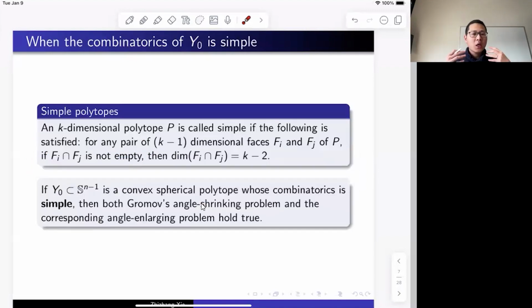Or here's a special case, so that's a dimension two case. In general, in the higher dimensional case, if you have a convex polytope in a sphere of dimension three or higher, the original angle shrinking problem, or the corresponding angle enlarging problem, is still open in its complete generality.